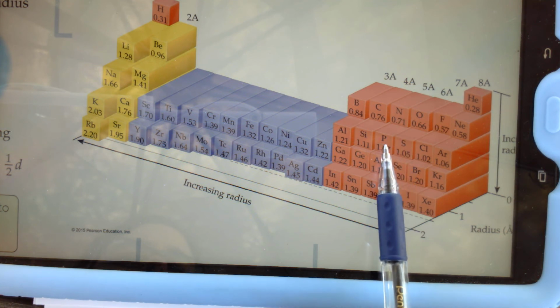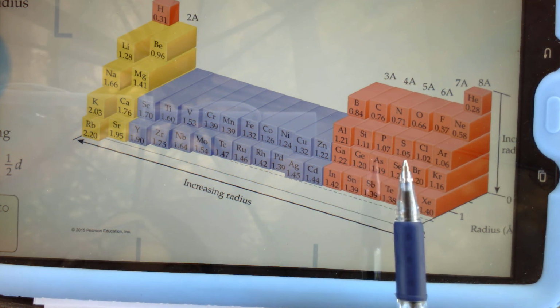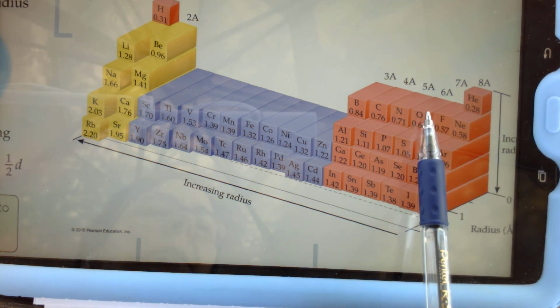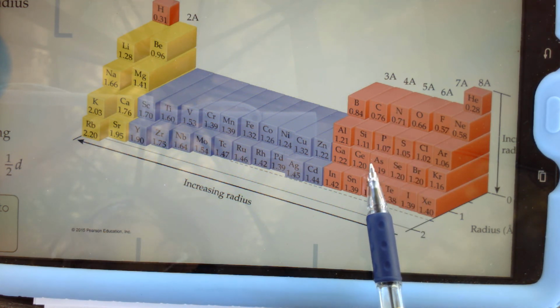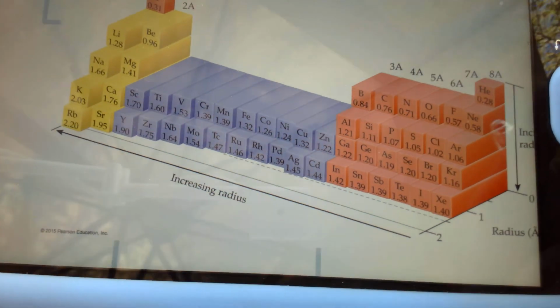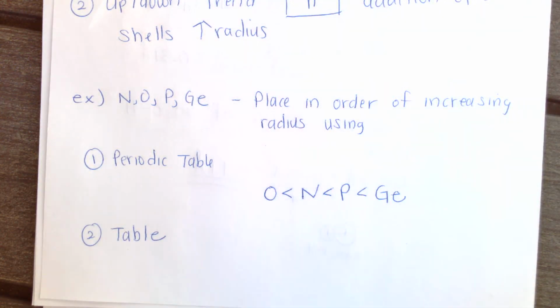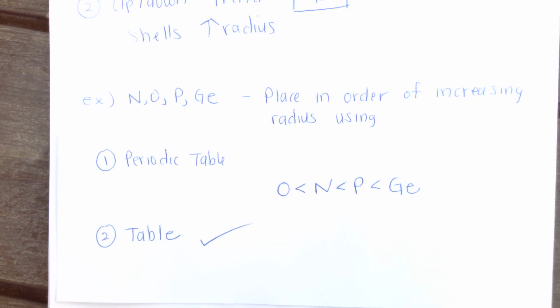And then last, germanium at 1.20. Just following the arrows on the periodic table told us oxygen was smaller, next nitrogen, followed by phosphorus, and ending with germanium. That's something that you would be expected to do again. So we'll put a check mark there. They did match what we saw on the table.